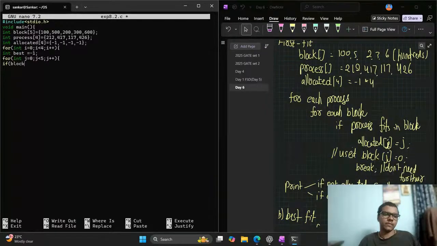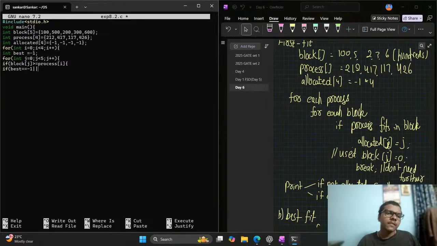I mean, if the block fits. If the block of J is greater than or equal to process of I, and then if the best is not set yet, or there is a better best, right?